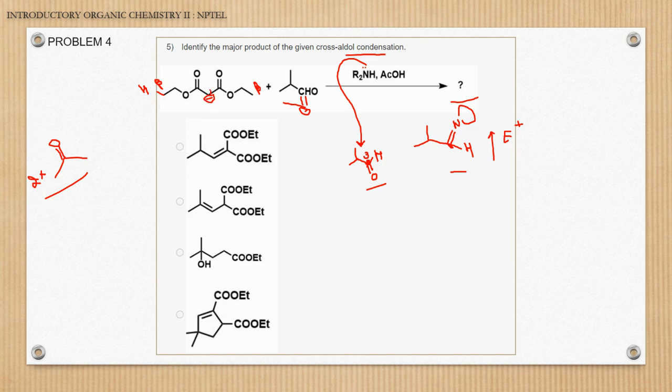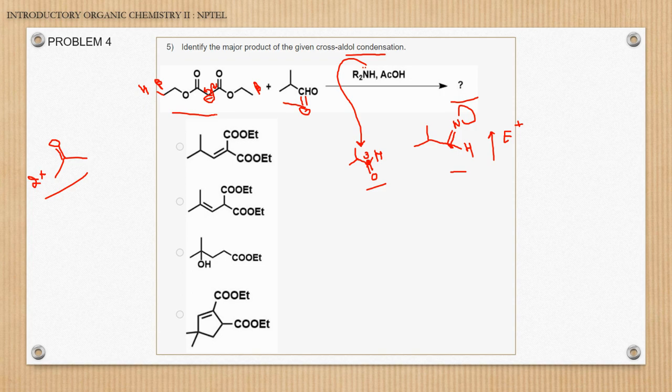It is in conjugation with this particular carbonyl and this particular carbonyl. So because of this, the hydrogen at alpha becomes the acidic hydrogen, and these kinds of species are known as active methylene compounds.